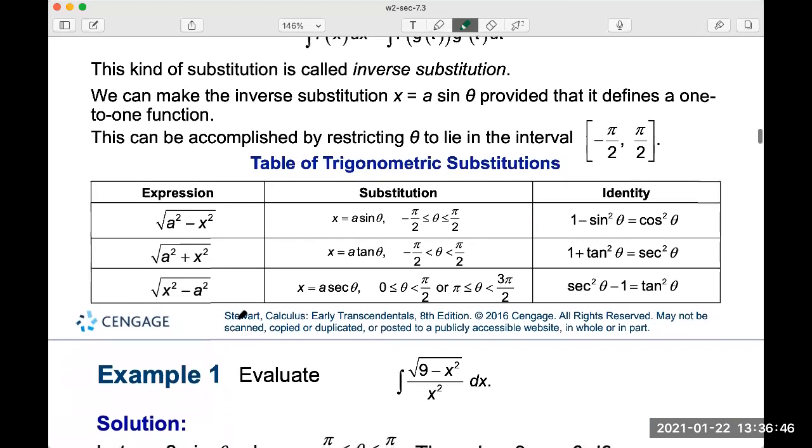Similarly, if you face something like x squared minus a squared, then we should define x to be a secant theta. And in this case, by convention, for the one-to-one function of secant inverse, we take the angle from 0 to pi over 2 and from pi to 3 pi over 2. Go back to section 1.5 to review these things.